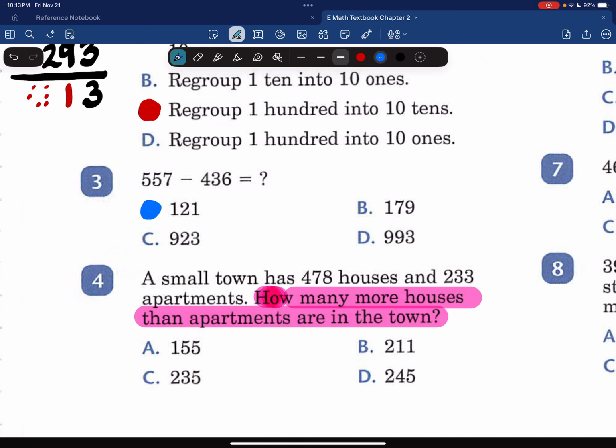So if you mark off your key phrase, right there it is. If that's in the question, you need to subtract. And it's asking you to subtract houses and apartments. Than is another keyword. Than tells you that this number goes on the bottom. So on the top would be the houses, 478.